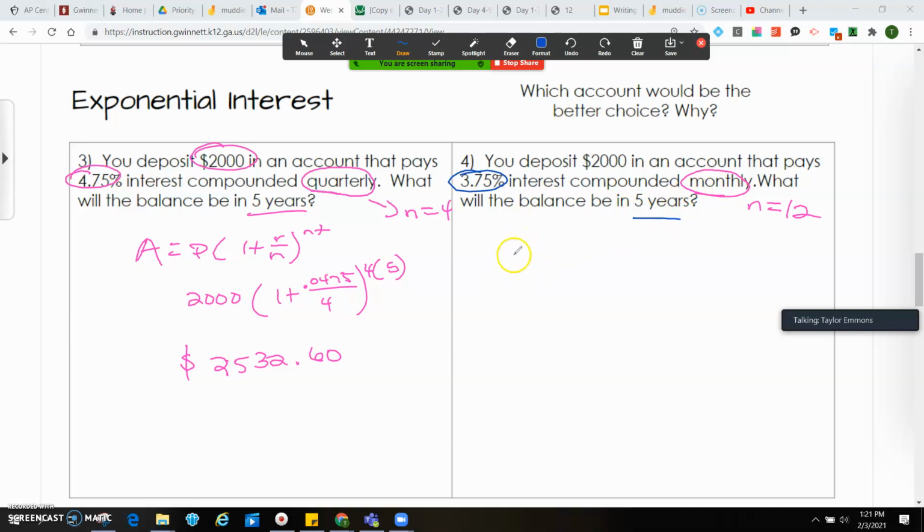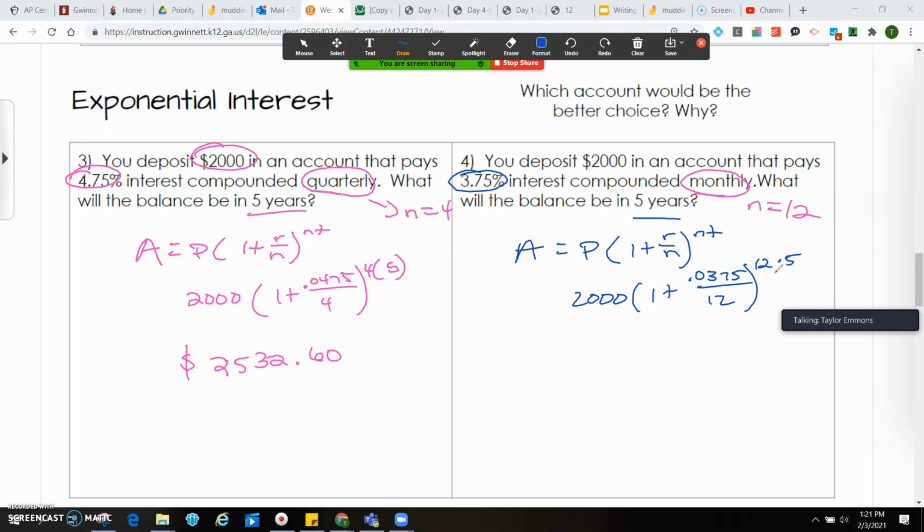Okay, so we're going to use this formula again, and I would always start by writing down my formula first. 2,000 is going to go in for that initial. That rate is going to be 0.0375. 12 is going to go in for n, and then we've got 5 in there for t.